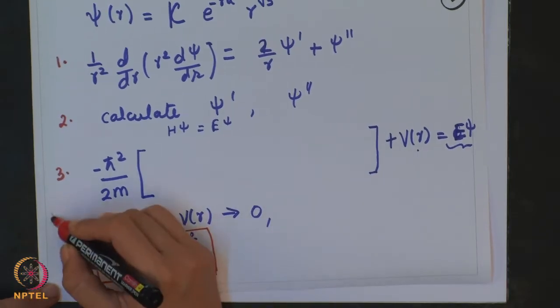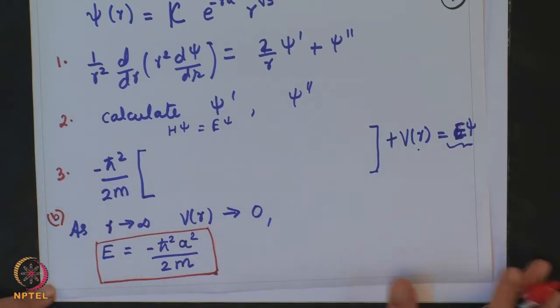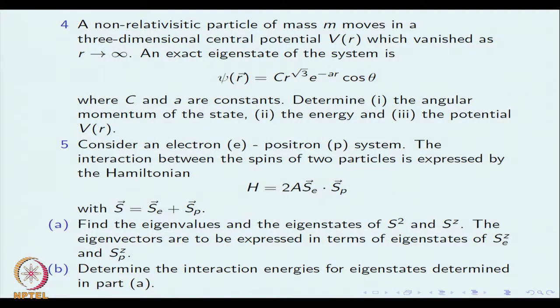So, this was part B of problem 4, and in the last part of the problem you are asked to find the potential V of r. For this you do not even require a hint. You will try to minimize the potential term and then calculate the potential by getting the value of A in terms of r.